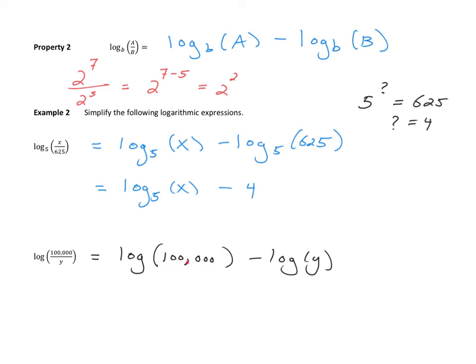Well, I see there's 5 zeros, so the answer is going to be 5. So this is 5 minus log of y. Again, the reason for that is the base of this logarithm is 10, and 10 to the 5th power means put 5 zeros after the 1. 1, 2, 3, 4, 5.